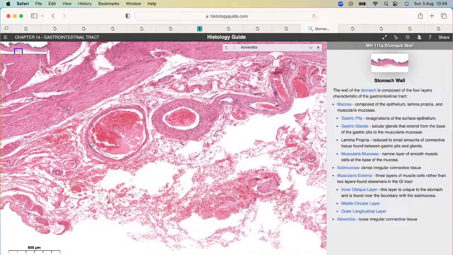Now, a question for you guys that I want you to answer. I'll give you a couple of seconds to distinguish this. This is something that will come up in your OSCE exam as well. One of these structures is an artery and the other one is a vein. So we're looking at these 2 big vessels here. Which one is the artery, which one is the vein? What is the left structure, what is the right structure?